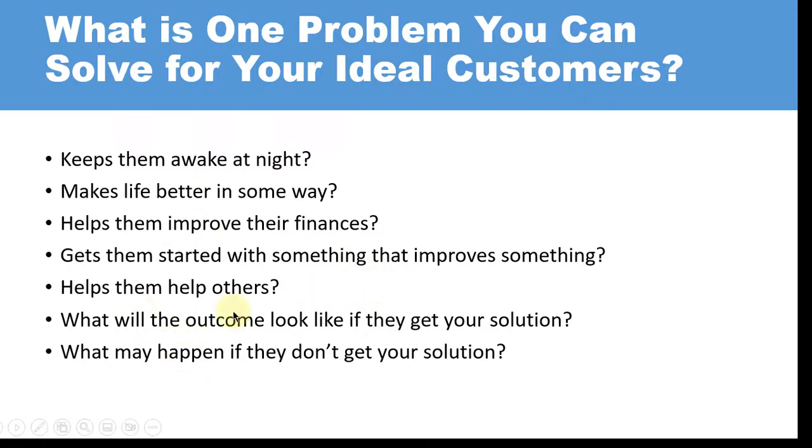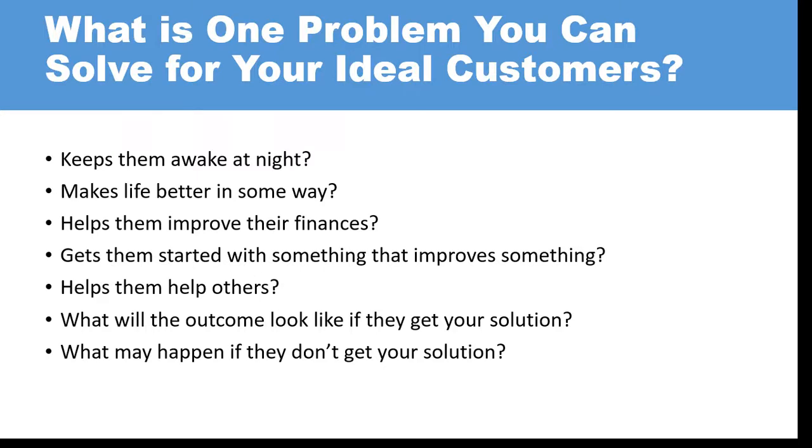And so you want to make sure that you write down the outcome, what things are going to look like when they take action. And then you also want to think about what may happen if they don't get your solution. So if I have a leak in my kitchen and it's just continually dripping and I can't get that water to turn off, what's going to happen if I don't get it turned off?